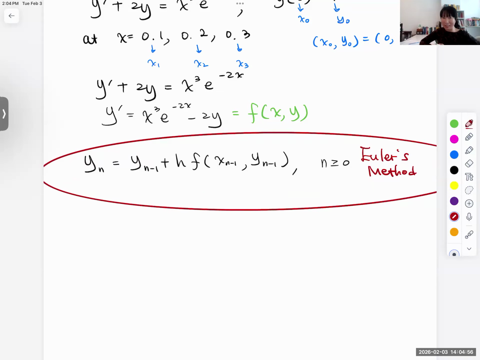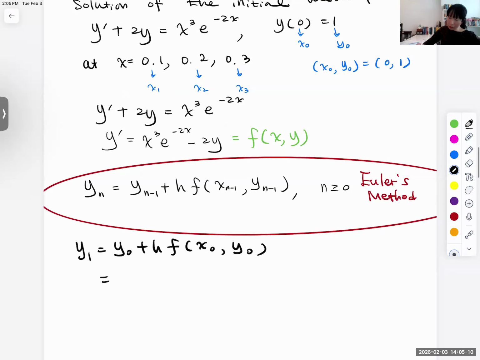All right, so y sub 1 equals y naught plus h f of x naught, y naught. Okay, so there will be y naught given, which is 1. So note (x naught, y naught) equals (0, 1). So we have 1 plus h, which is 0.1.